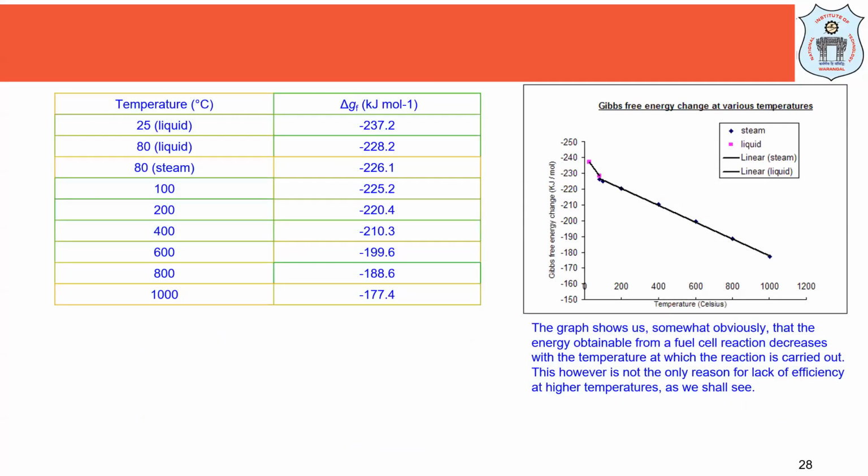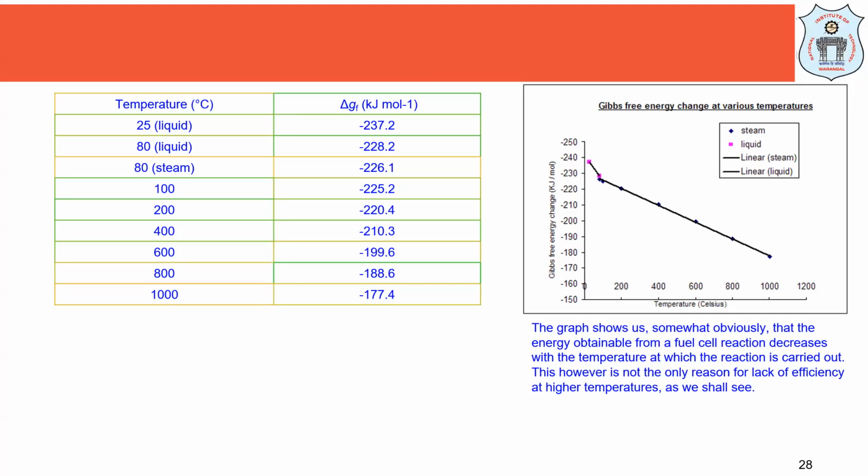If you look at this plot, the Gibbs free energy change at various temperatures can be seen for steam and for liquid, and how it is changing. What this graph is showing us is, somewhat obviously, that the energy obtainable from a fuel cell reaction will decrease with the temperature at which the reaction is carried out.